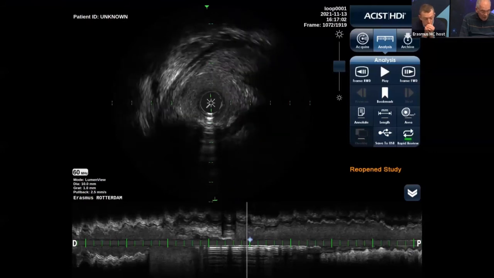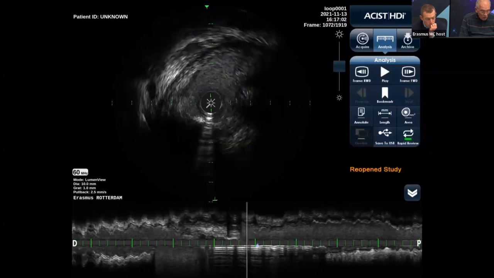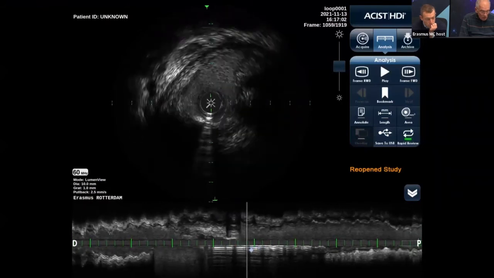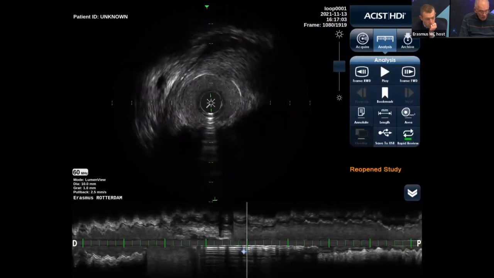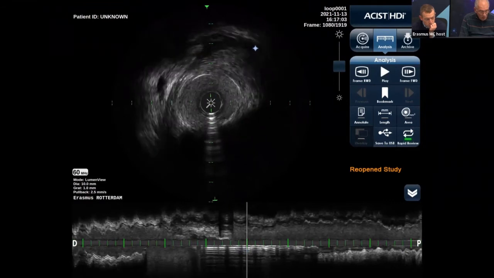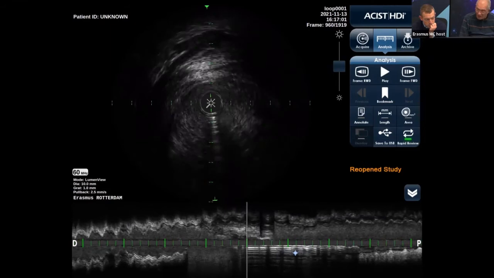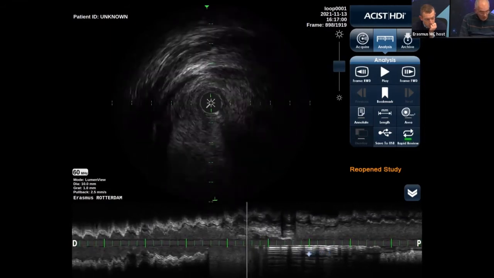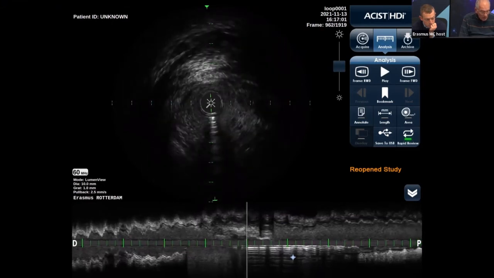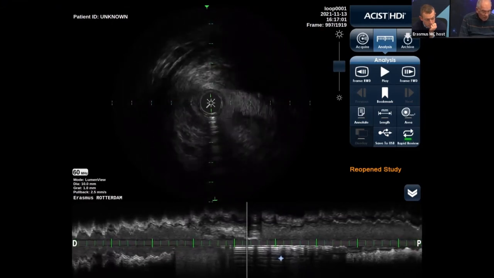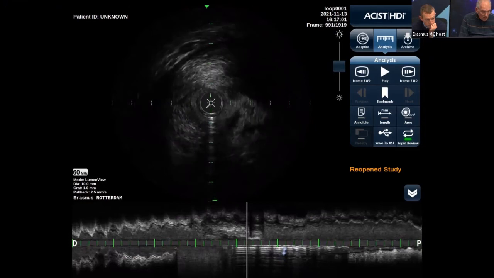And also because of this, there was probably a huge remodeling around here, and that created the huge hematoma, or the huge aneurysm there.